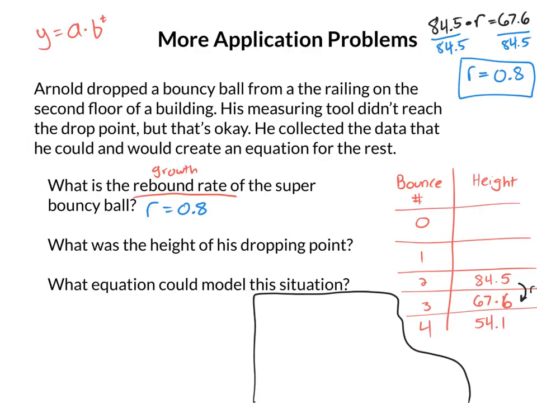When I have this value of 2, I'm looking right here. 84.5 equals some unknown a times, I just found my bounce rate up here, so I'm going to plug that value in, 0.8 to the power of, we're thinking of our second bounce, power of 2. Okay, well 0.8 to the power of 2 can simplify into just a number. 0.8 raised to the power of 2 is 0.64. So I'm going to rewrite this.